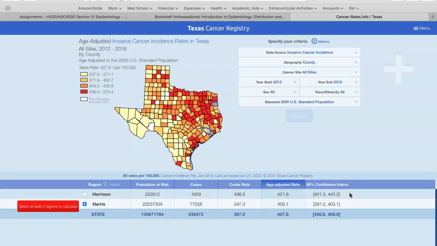What we're saying is we would be 95% confident that our age adjusted rate will fall between the low end and the high end of our confidence interval. So if we were to take 100 different samples from this population, 95 of those samples should produce an age adjusted rate between the low and the high end of this confidence interval.